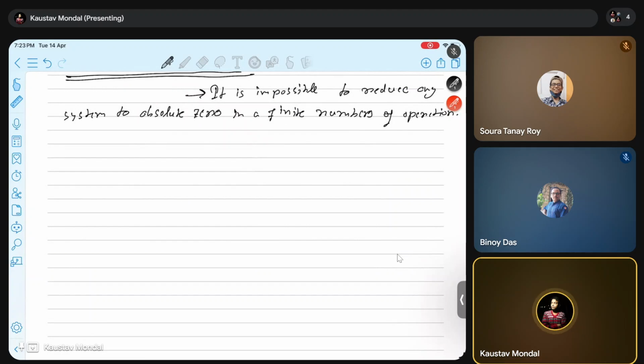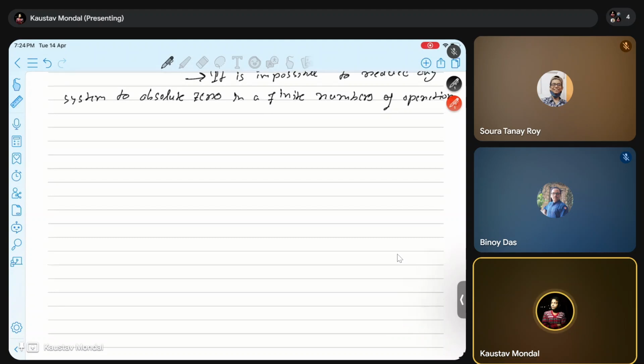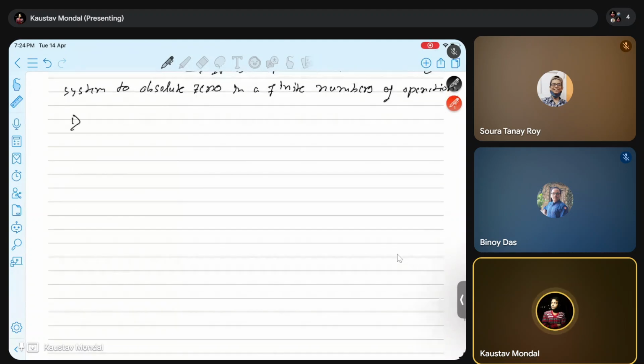Now, let's briefly discuss the consequences of this third law of thermodynamics. First, let's see what happens to the heat capacity.